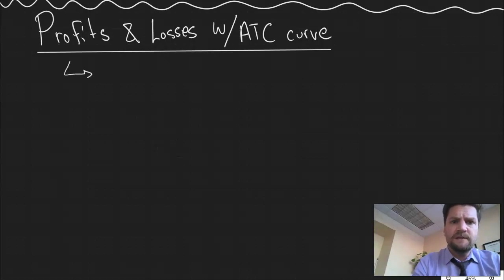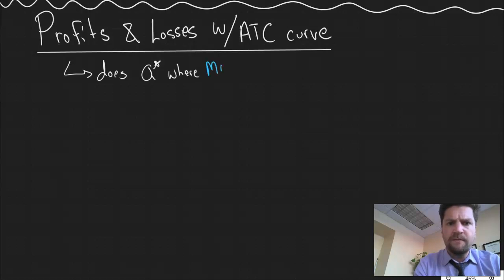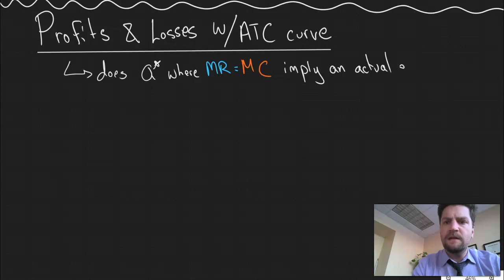So the question is, does producing Q star, where the marginal revenue is equal to our marginal cost, actually imply an economic profit?